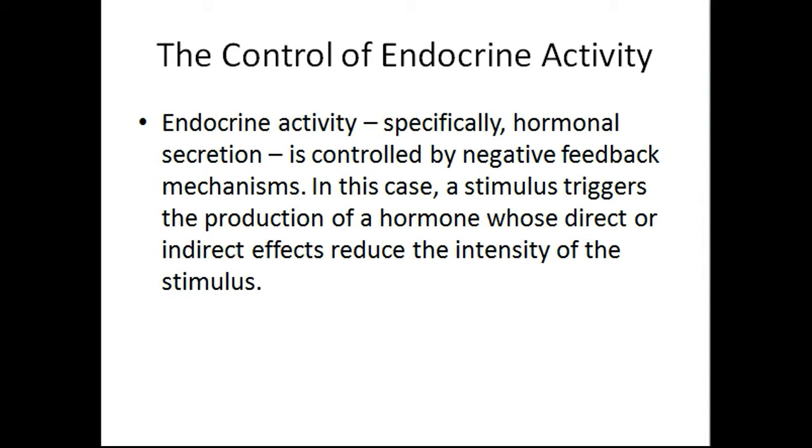Endocrine activity, specifically hormonal secretion, is controlled by negative feedback mechanisms. In this case, a stimulus, so going back to chapter 8, remembering what a stimulus is, triggers the production of a hormone whose direct or indirect effects reduce the intensity of the stimulus.